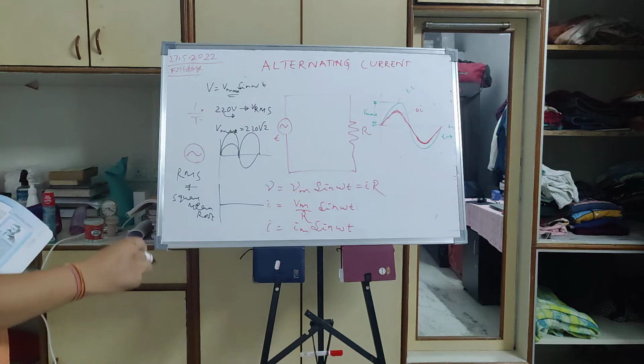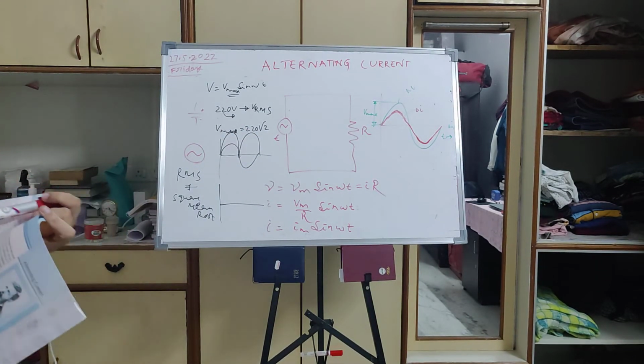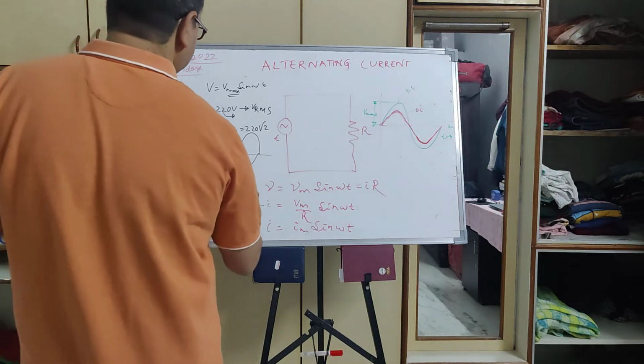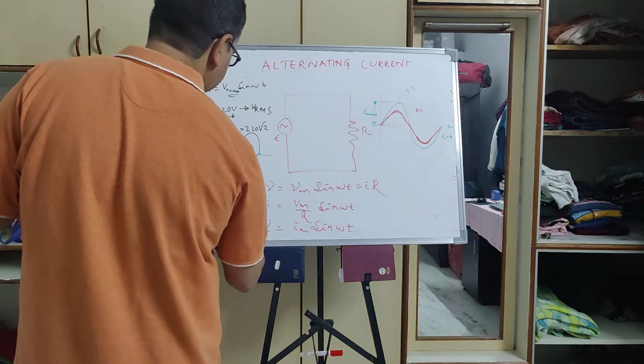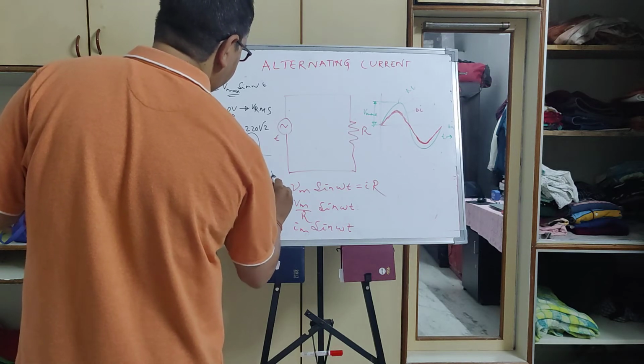So it can be derived that whatever we are telling, my household voltage is 220 volt, that is an RMS value. So V RMS is equal to V max by root 2. So your V max is V RMS into root 2.